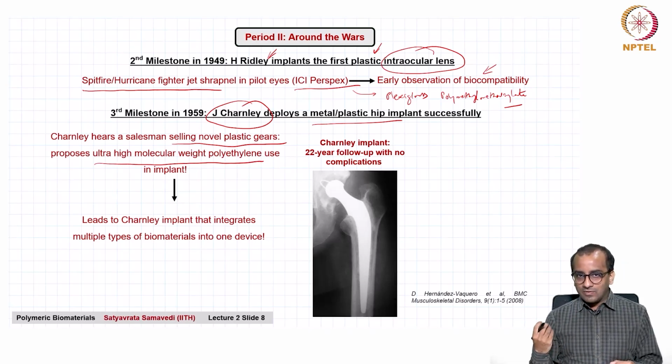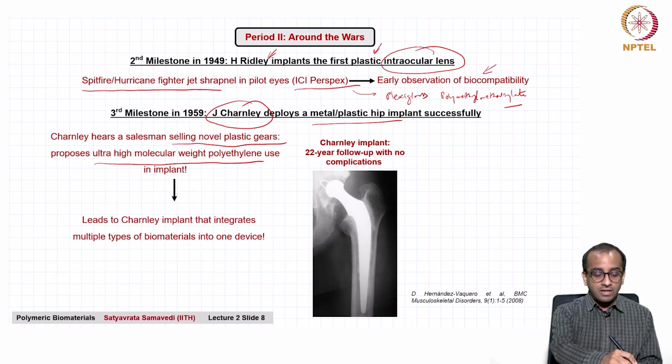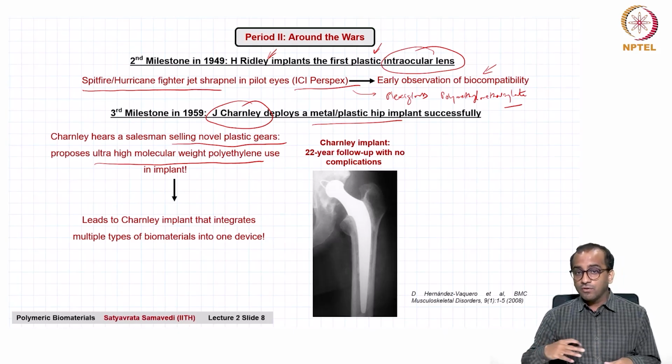Apparently the salesman was pitching that these had very good wear resistance and abrasion resistance, and that clicks somewhere for Charnley, and he comes up with the idea of using ultra high molecular weight polyethylene for the hip implant liner.